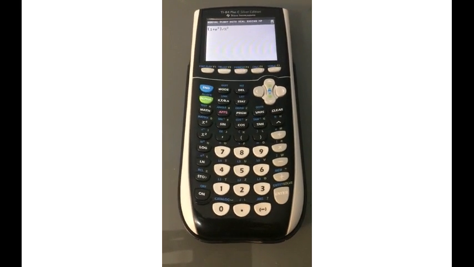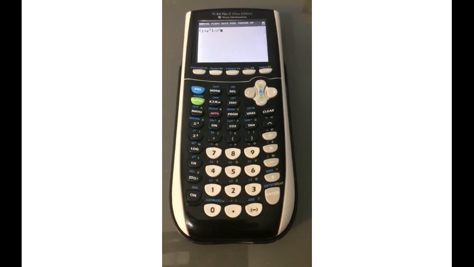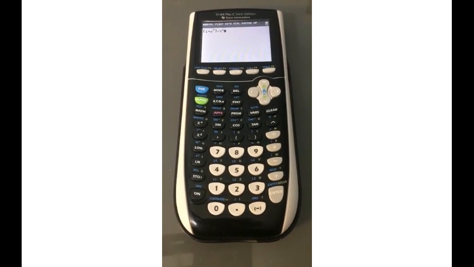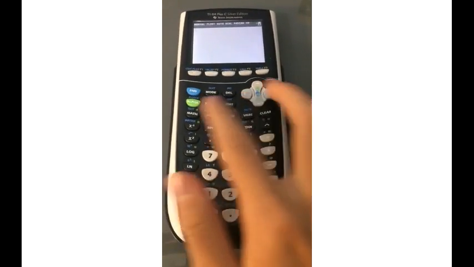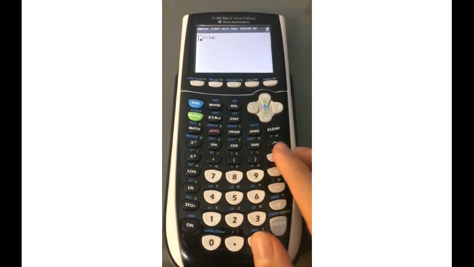If you're given a function (1 plus e to the x) over x squared, and you need to find the integral of it within a set boundary, since you don't know how to integrate it, you have to use a calculator. So you go to Math, 9, and then you get the integral.